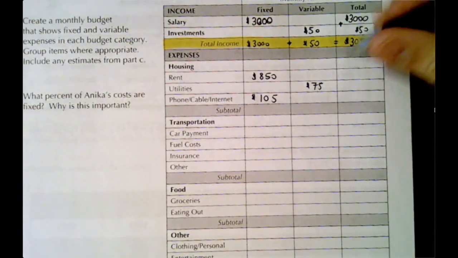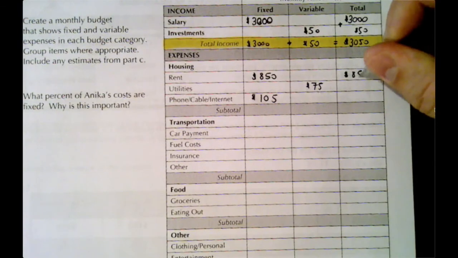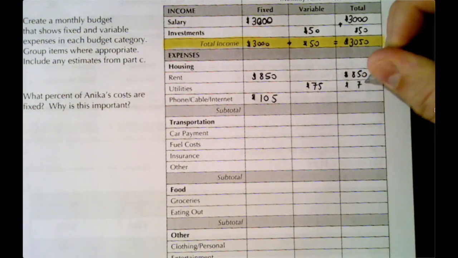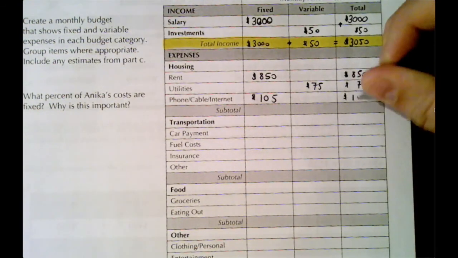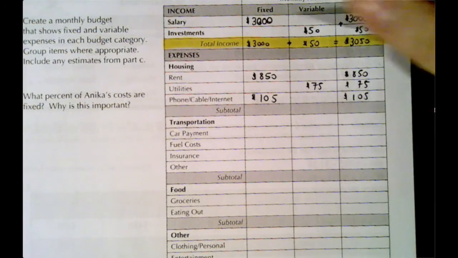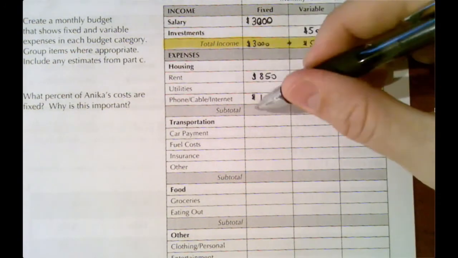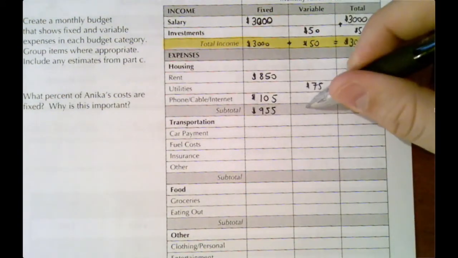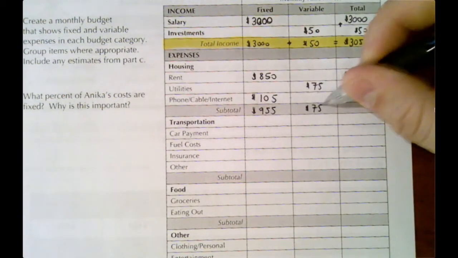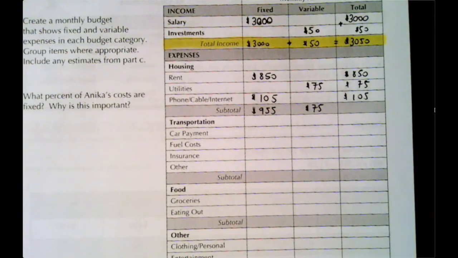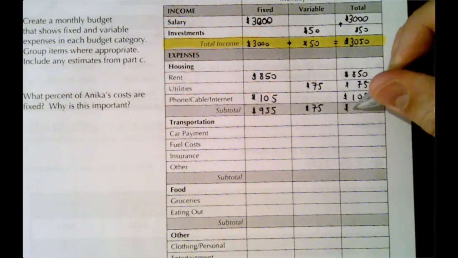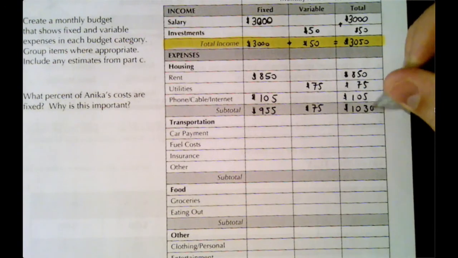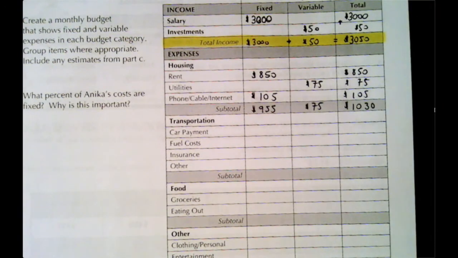So we got 850, 75, and 105. And if we add down the columns, our fixed total is $955, and our variable total is $75, for a grand total of $1,030. So already just over a third of our income is now spent on just housing.